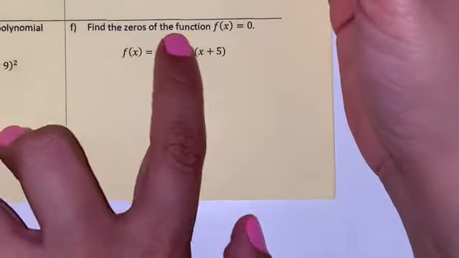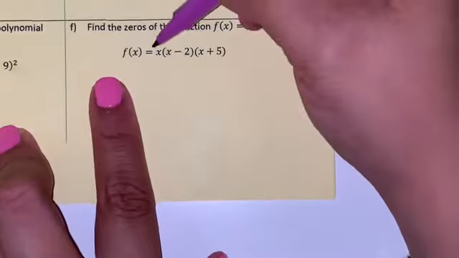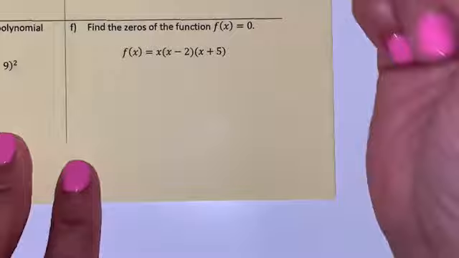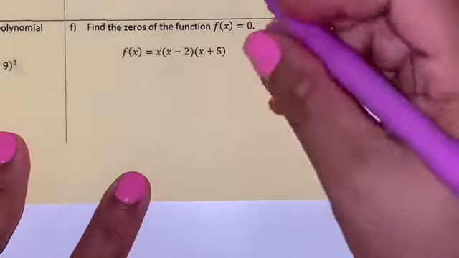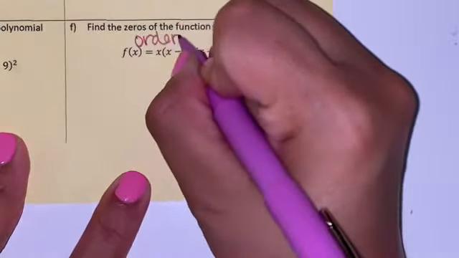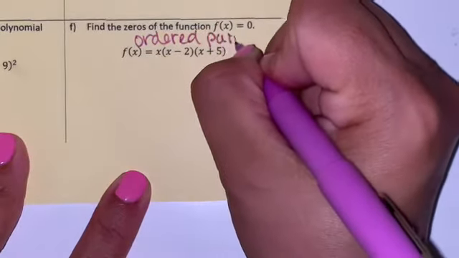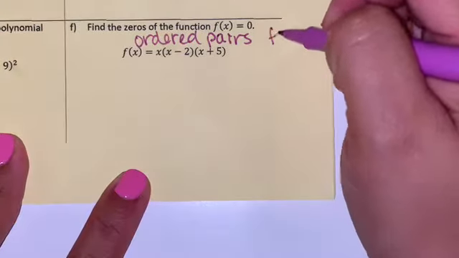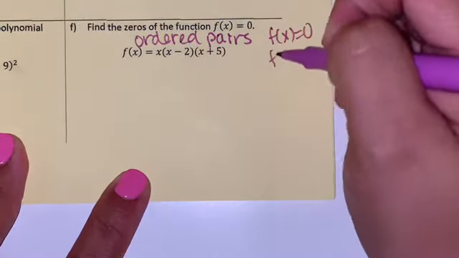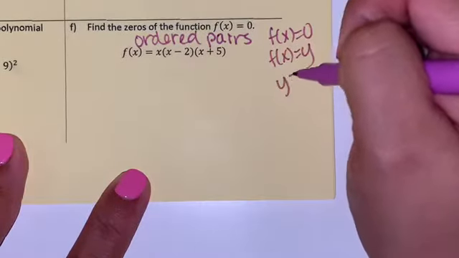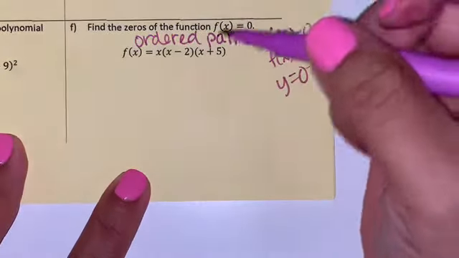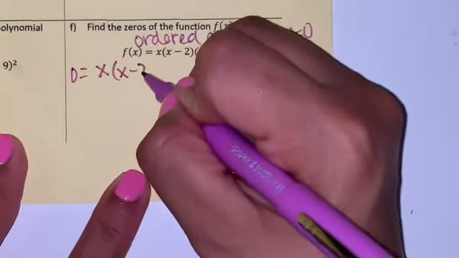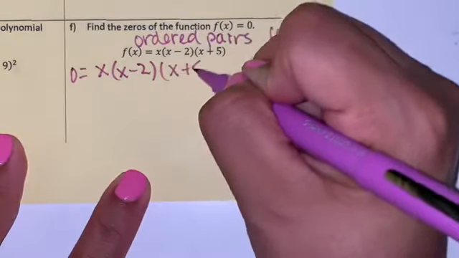Okay, find the zeros of the function f of x equals 0. So f of x equals x times x minus 2 times x plus 5. Ordered pairs is what we're looking for. Like, you know, f of x equals 0, f of x equals y, so y equals 0. We're saying 0 equals x times x minus 2 times x plus 5.